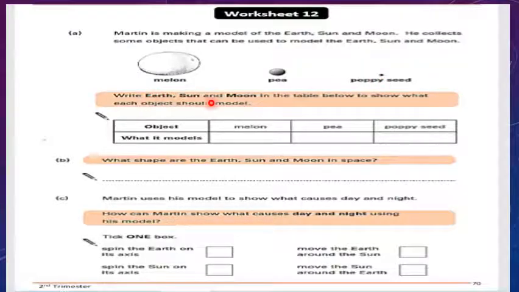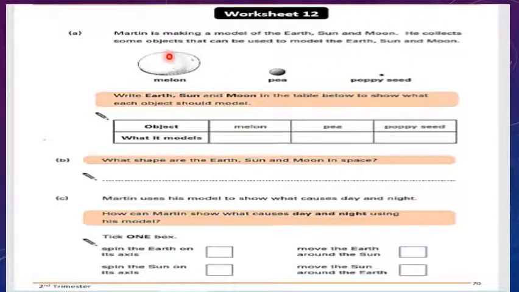Write Earth, Sun, and Moon in the table below to show what each object should model. So we have to know what each of those objects represents in our solar system.